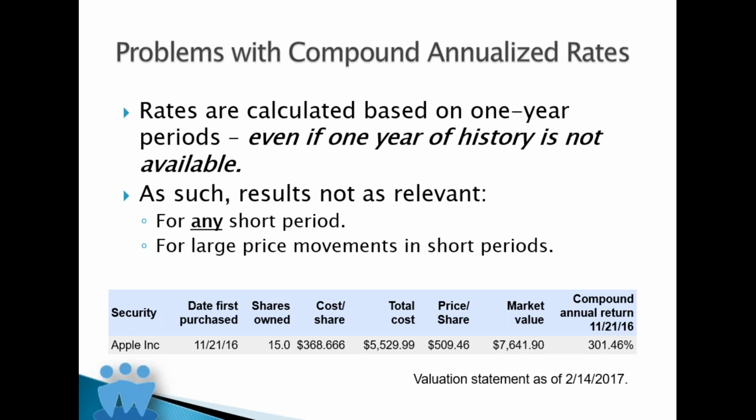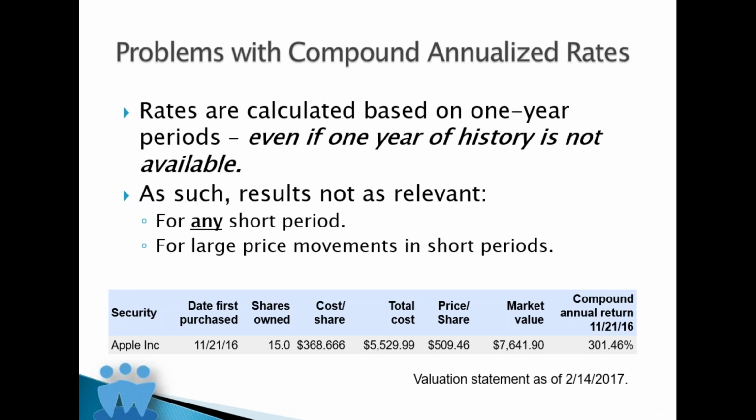In the example here, you can see a valuation statement for Apple when it was bought. In this example, this is a fake company, Apple, that was bought when it was $386 a share. In 3 months, it was $509 a share. So it really took a jump upward, and the compound annual rate of return in this example was 301.46%.